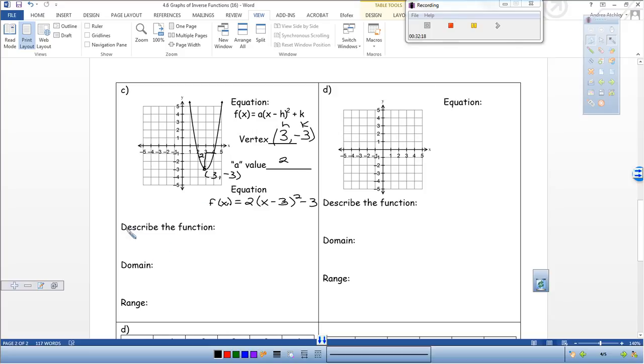Okay, most of you described the function and said it was quadratic. It is a function. You even write down increasing and decreasing, so let's discuss where this is increasing and where this is decreasing. Okay? So as I'm coming this way, as x is more negative, what is my y values doing? It's going down. Okay?